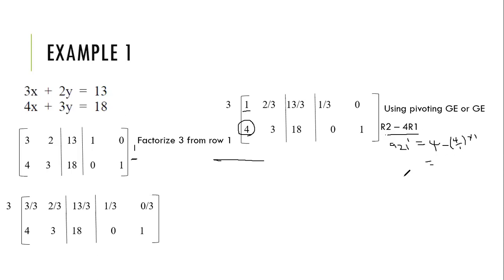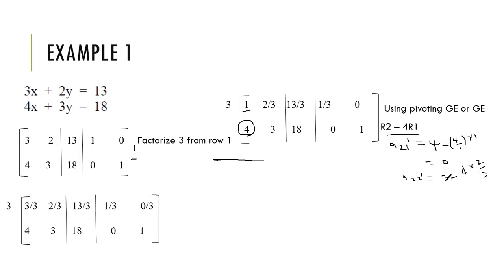The next one remains the same. So A22 new will be 3 minus 4 times 2 over 3, which will give you 8 over 3.